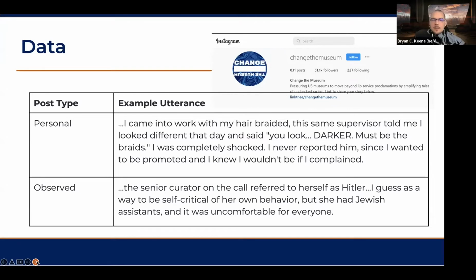Yeah, as Danielle said, reading through the data set and visiting the Instagram account, you'll see that the personal accounts tend to be the ones that are the most triggering or bring up a lot of experiences with trauma within the institution. Those observed experiences also highlight the trauma from the outside perspective, and the connections that are drawn between the individual that has experienced the microaggression or the hostile work environment, the harassment, the sexism, racism, etc., is still there, but often linked in the observed context to other individuals or to institutional structures.